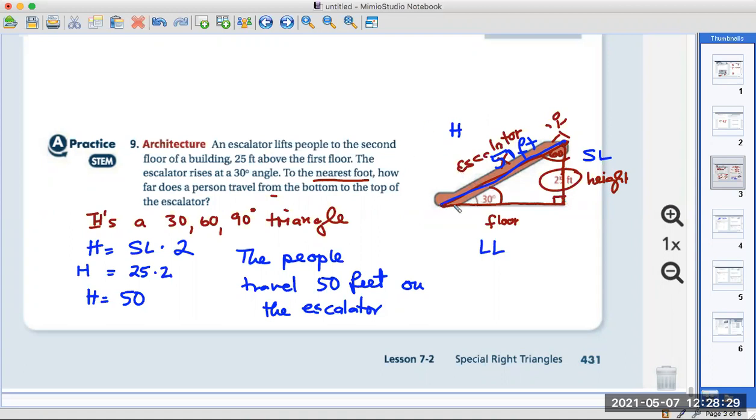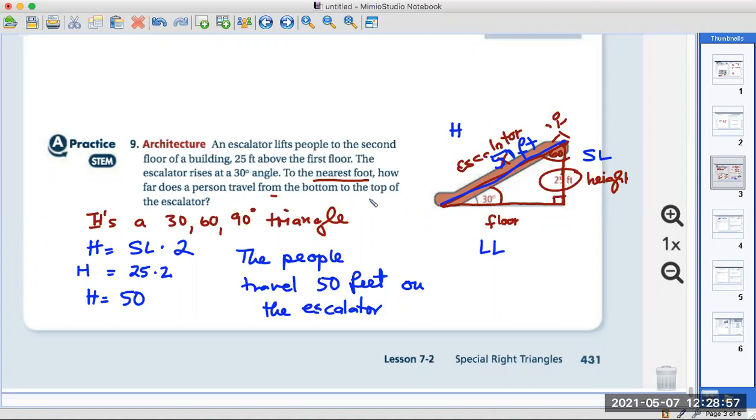I wonder if they wanted this distance, then you would have a decimal because it involves a radical, but they didn't word it correctly. If they want this distance, then they need to ask, how far does a person travel from the bottom to the top of the escalator?